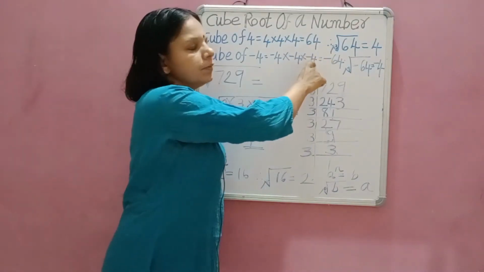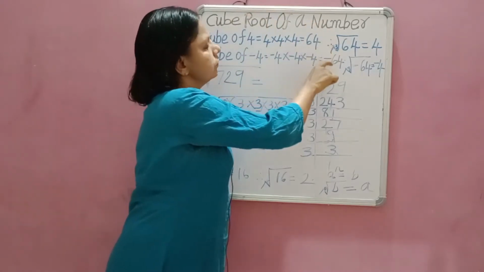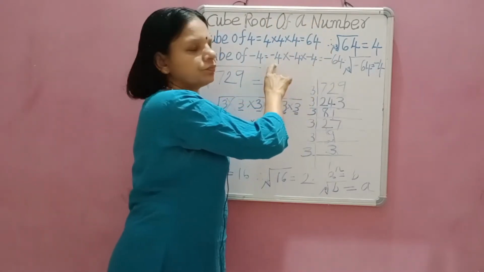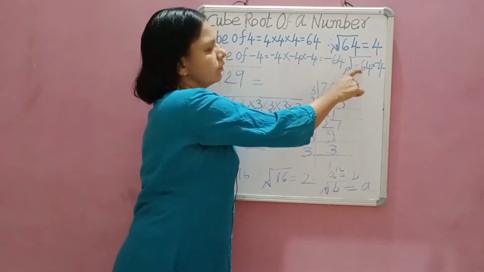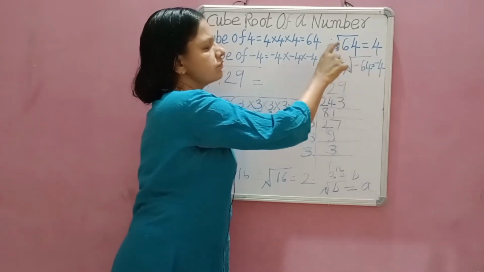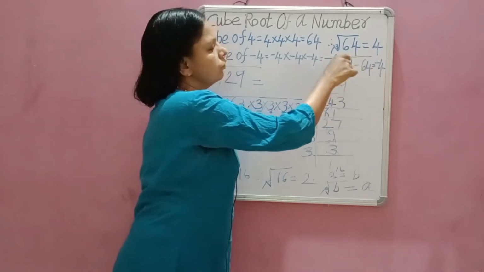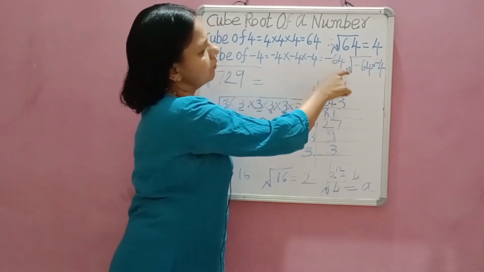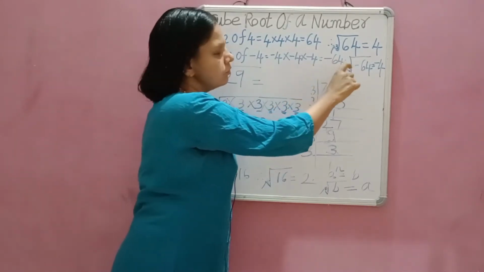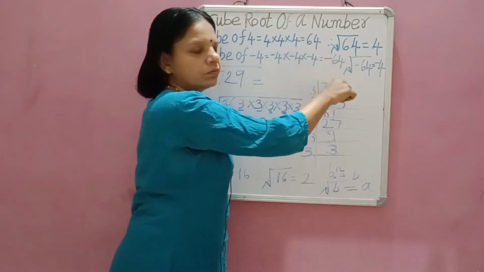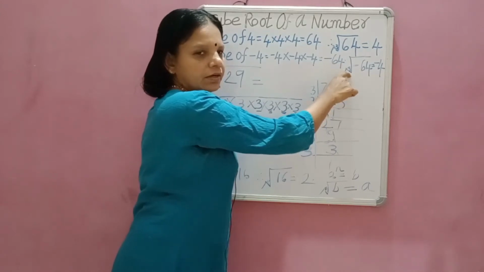So cube can be negative also, whereas square cannot be negative. Similarly, cube of minus 4 is minus 64. So cube root of minus 64 is minus 4. Clear? So you understood how it is written. The symbol used to represent cube root is the number 3 written outside the radical sign.